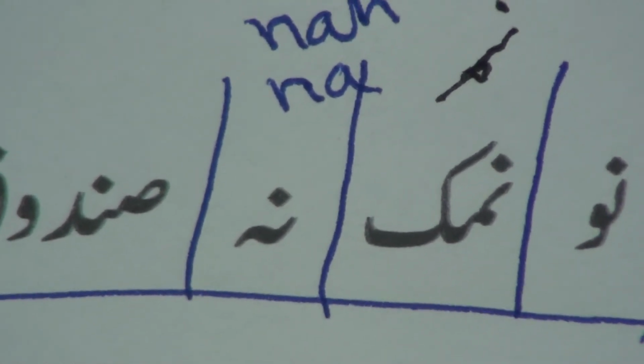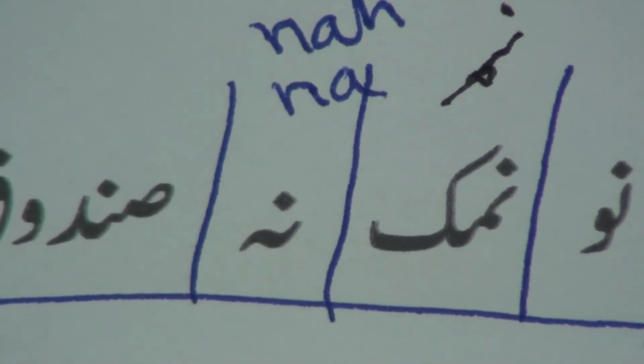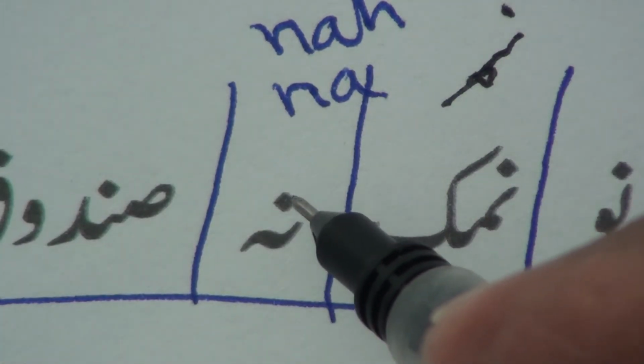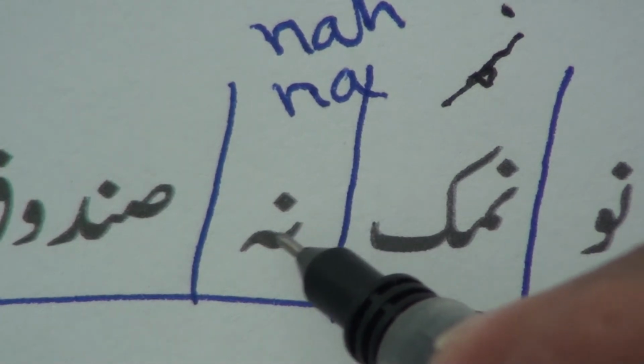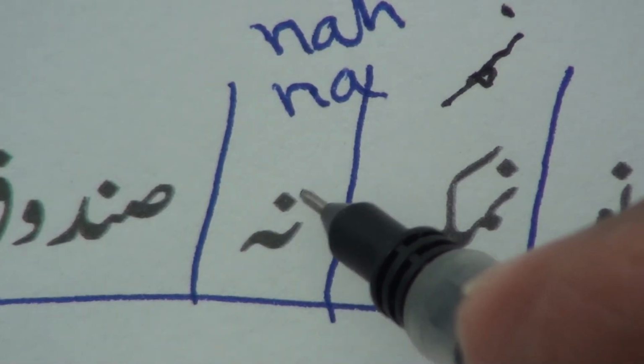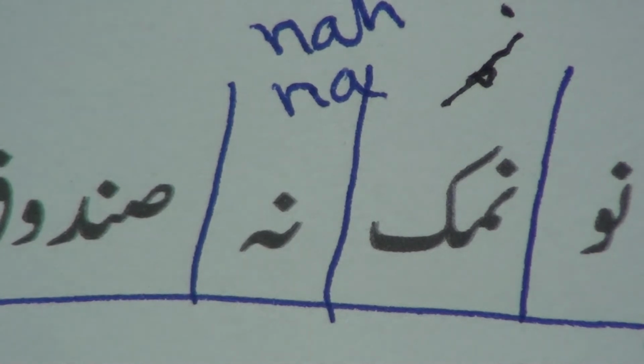When noon is followed by he, and he is the final letter, noon is represented by a dot only. This is he and this is the dot. This dot represents noon.